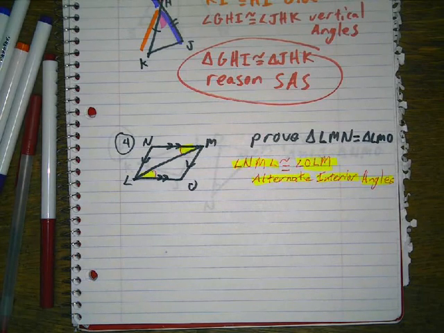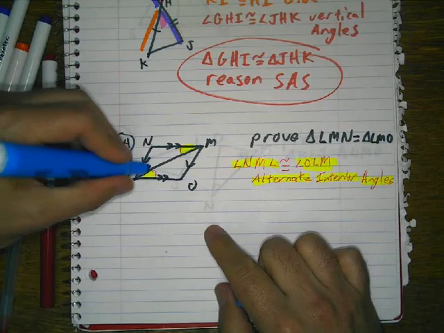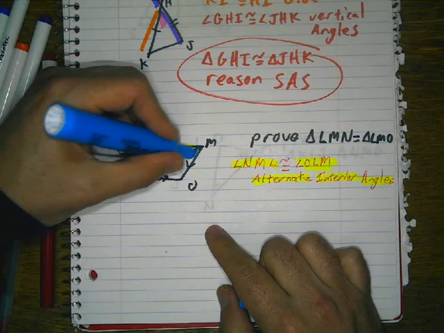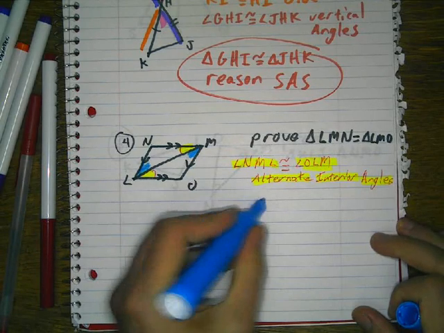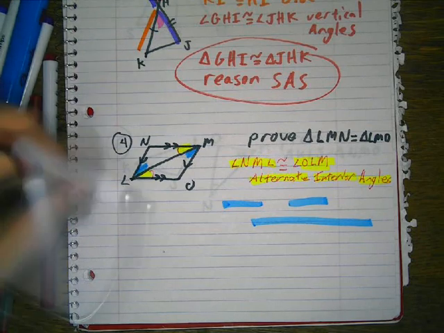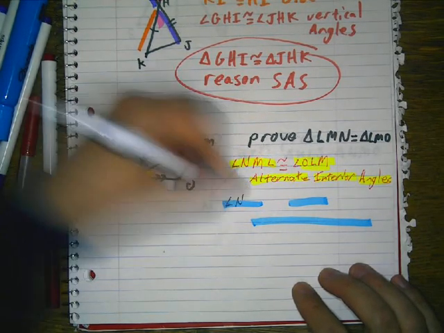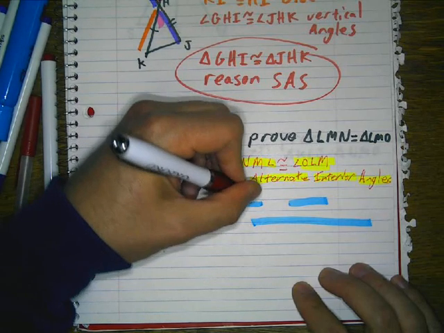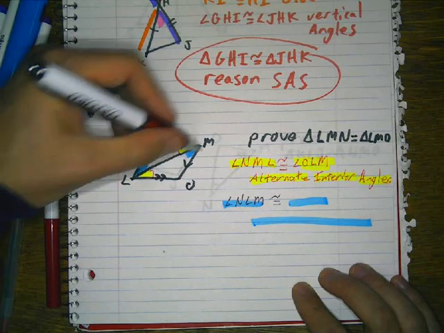Now, if these are parallel, then you know this one here is congruent to this one here, because those are alternate interior angles too. So let's write that down. Angle NLM is congruent to angle OML.